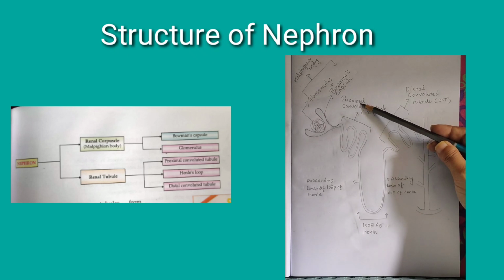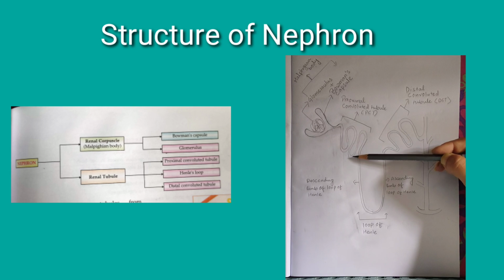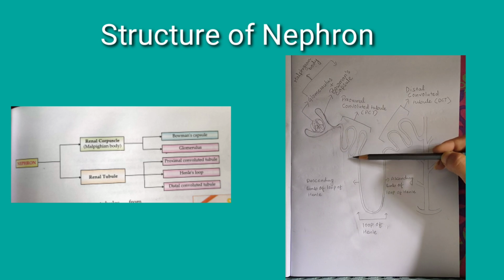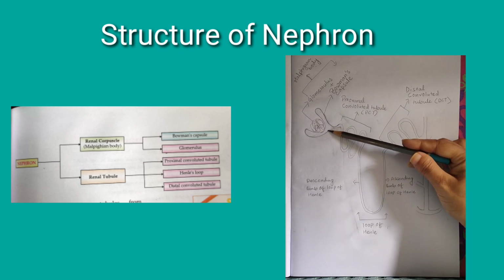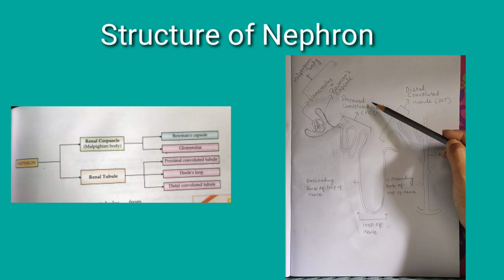Proximal means near, convoluted means this zigzag-like structure. So, the convoluted tubule which is present near the Bowman's capsule is referred to as the proximal convoluted tubule. The function of this particular part is reabsorption, which we will be dealing with in detail in our next topic.